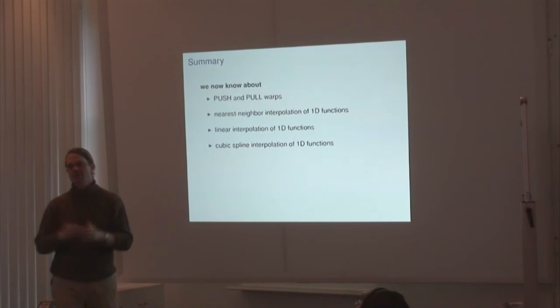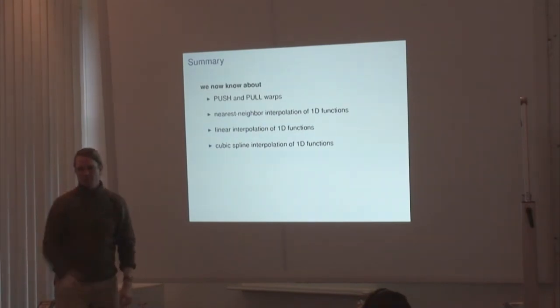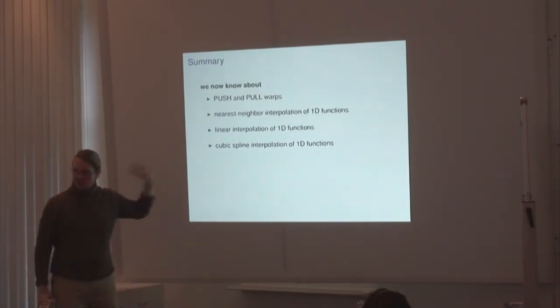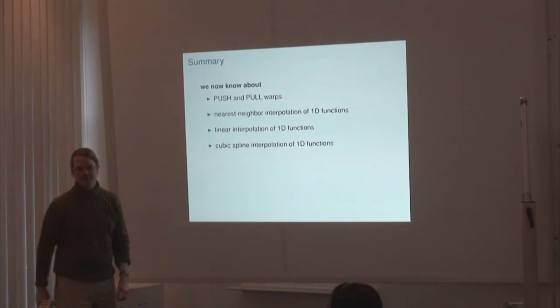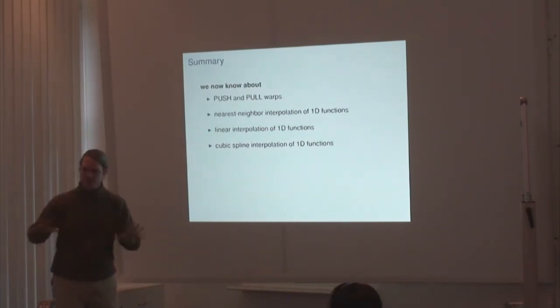All for the case of one-dimensional functions. Next time, we'll ever so briefly look at how this translates to two-dimensional interpolation. It's very straightforward. And then we'll have fun with lots of warps.